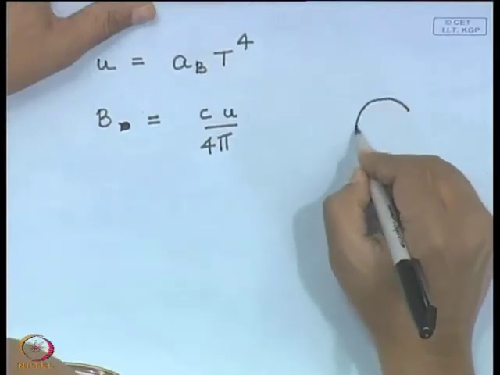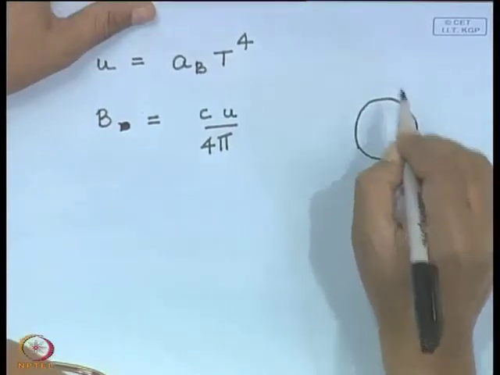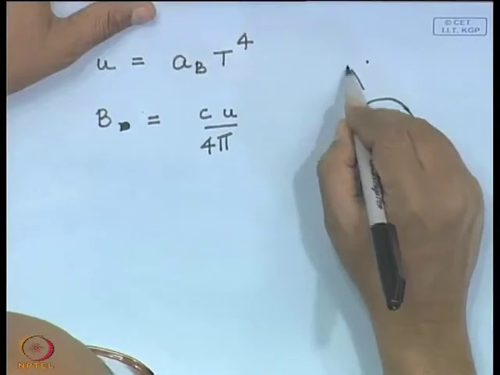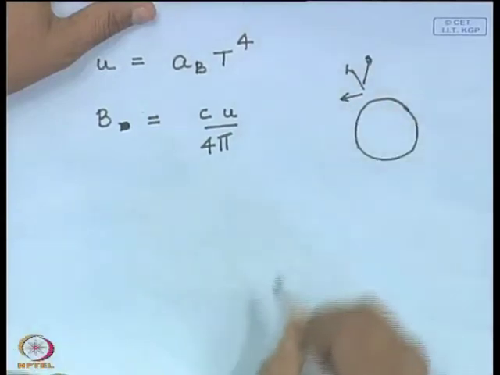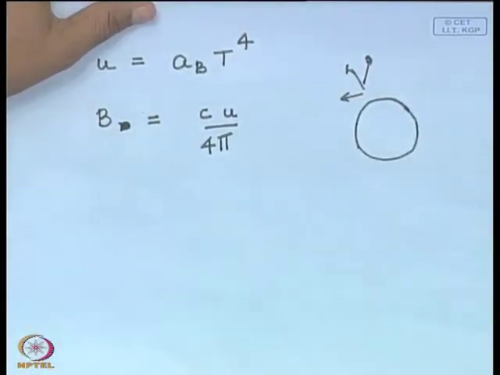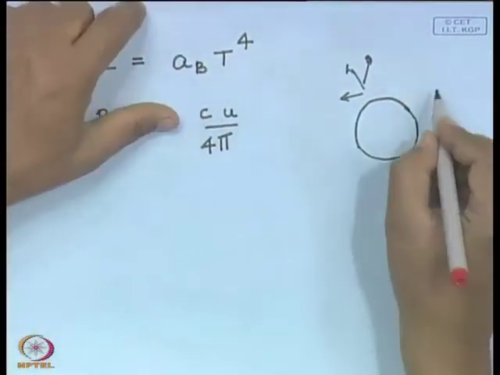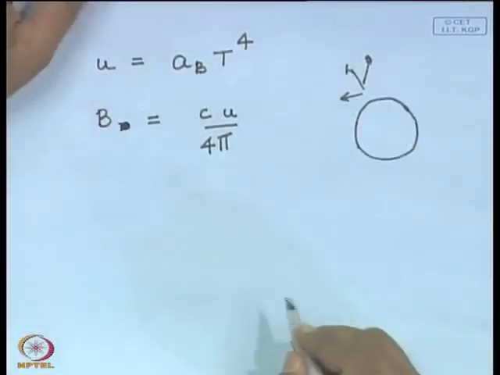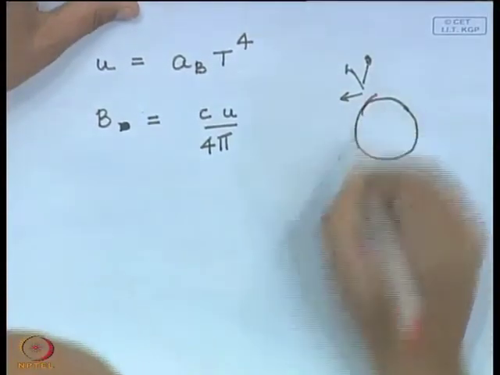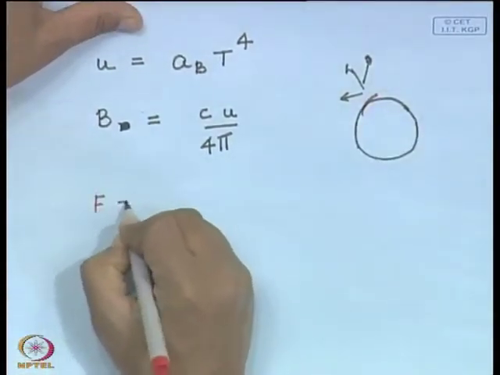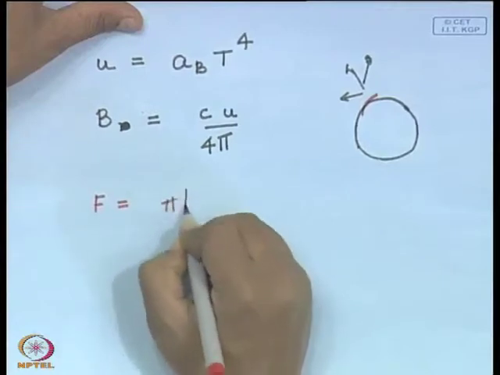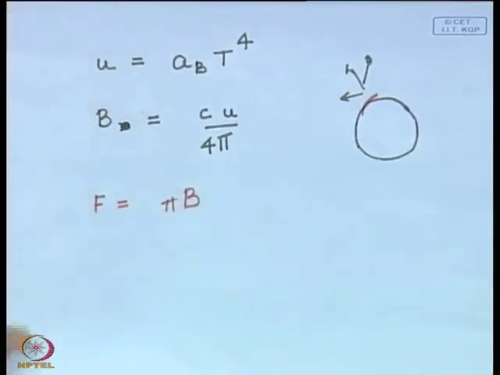Now, we had also, remember, considered a problem where we had a spherical surface emitting isotropically in all directions, with the brightness B, and we had calculated the flux at different distances from this, and we had seen that at the surface the flux was equal to pi into B, and that is easy to understand.